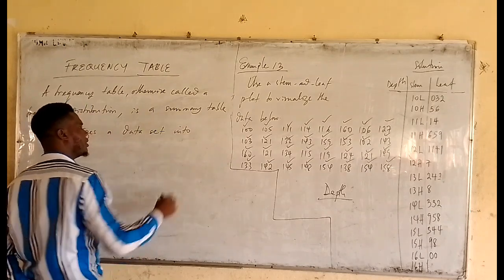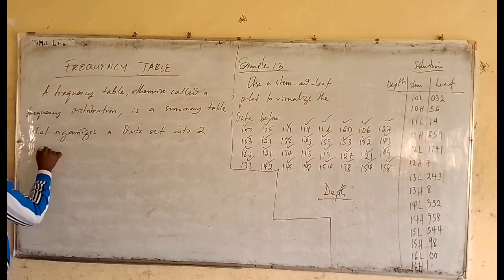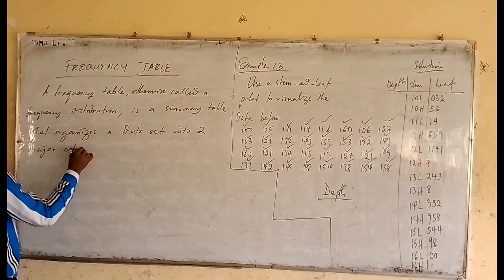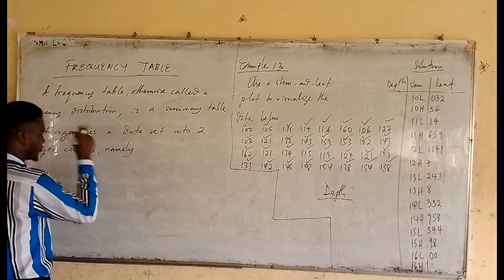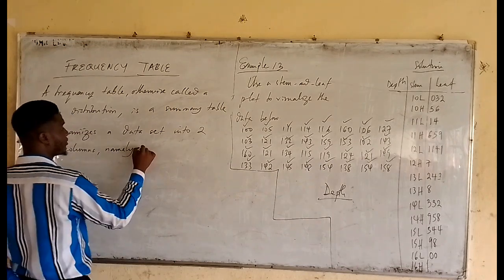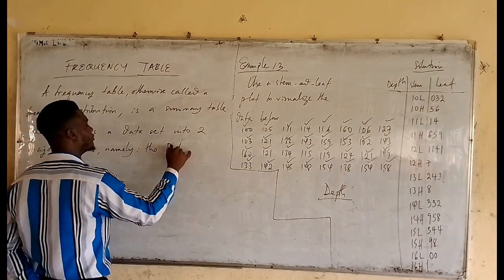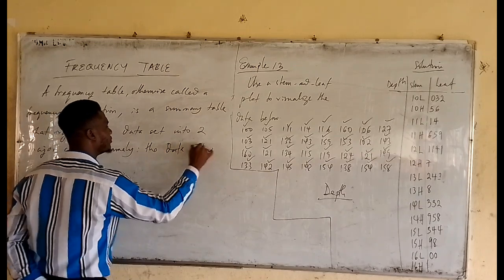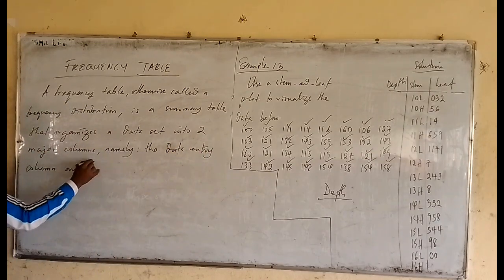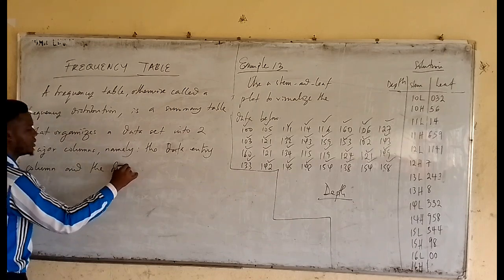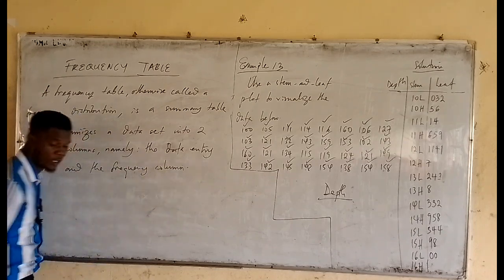into two major columns, namely the data entry column and the frequency column. Full stop.